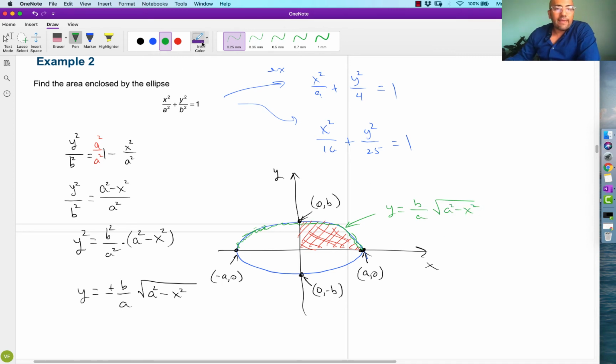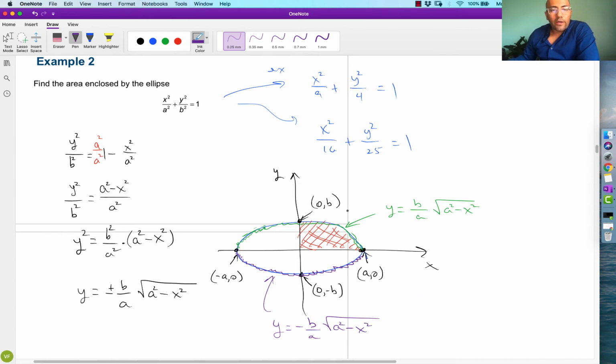Good. And then just the bottom part, this bottom part as a function, is y equals negative b over a square root of a squared minus x squared.